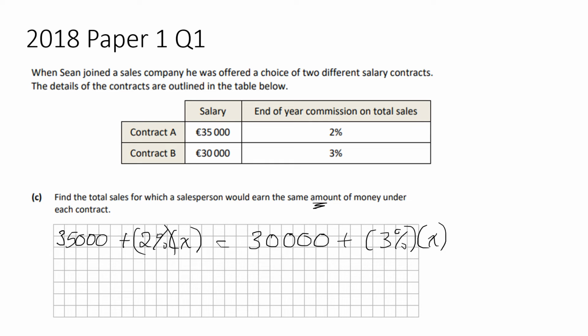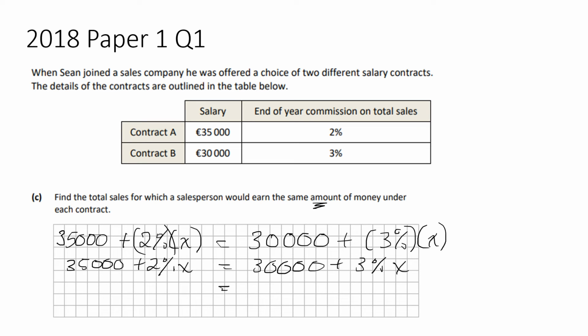So I've made them equal to each other because we're trying to work out what is the same amount. So this gives you 35,000 plus 2% X, or 0.02. And then you've got 30,000 plus 3% X, which is the same as 0.03.